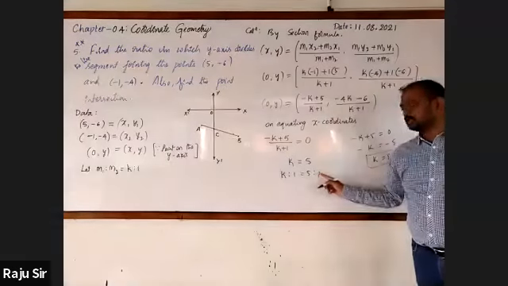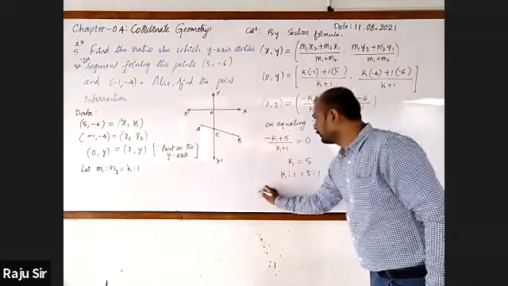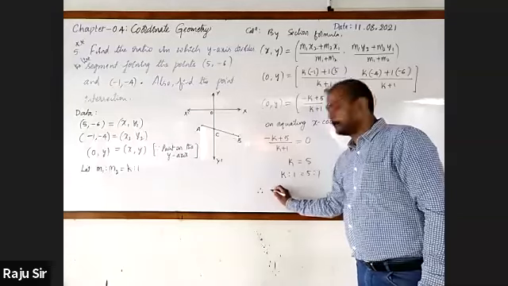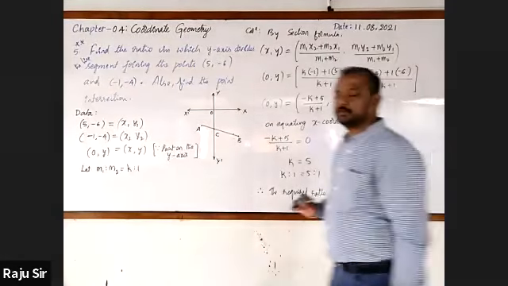K is to 1 is 5 is to 1. Therefore, in conclusion, M1 is 5, M2 is 1. The point divides the line in the ratio 5 is to 1. The required ratio is 5 is to 1.